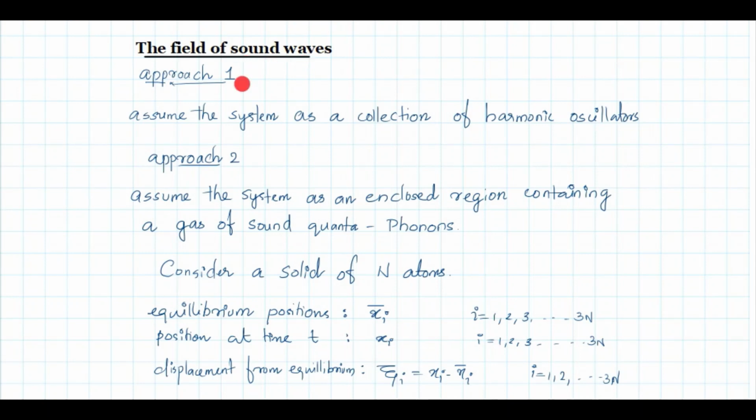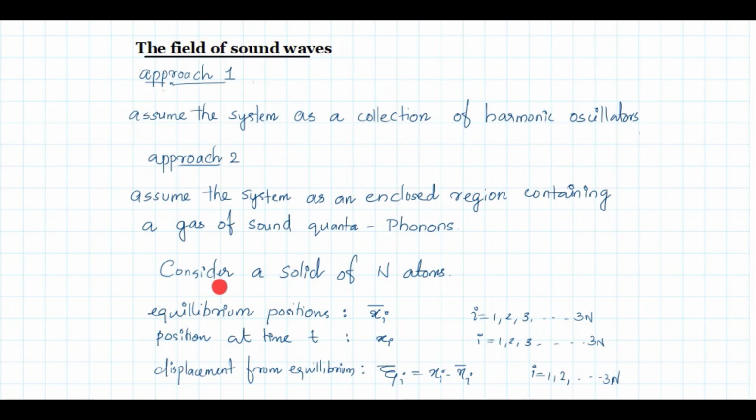We have, as in the case of blackbody radiation, two approaches. In the first approach, assume the system as a collection of harmonic oscillators, and the second approach, assume the system as an enclosed region containing a gas of sound quanta, which are known as phonons.